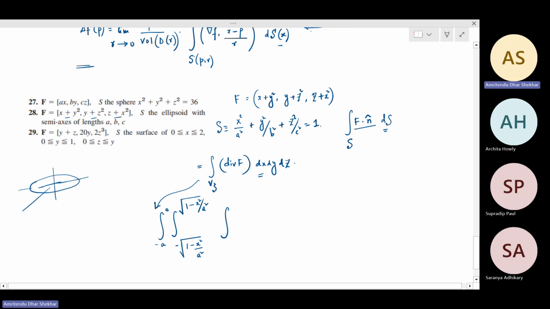And eventually z would vary from minus square root of 1 minus x squared by a squared minus y squared by b squared, to plus the same.